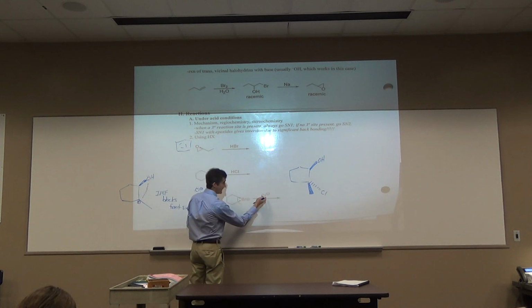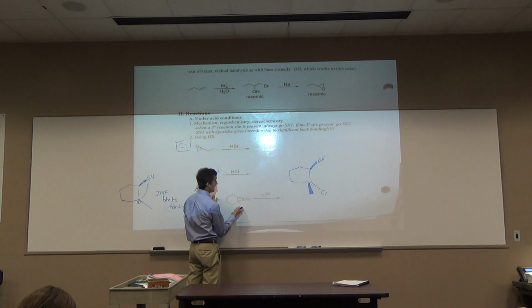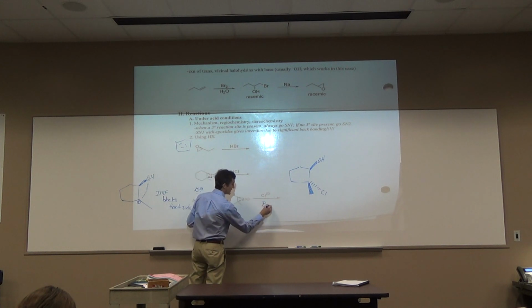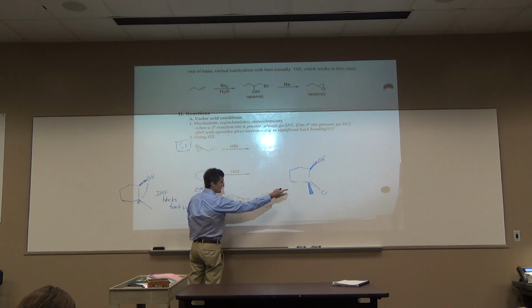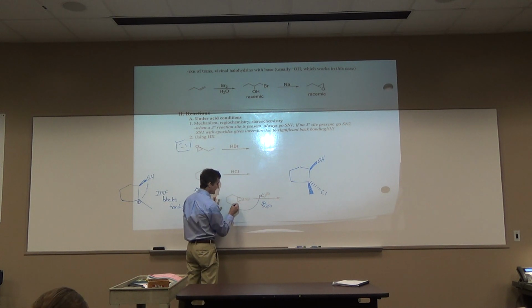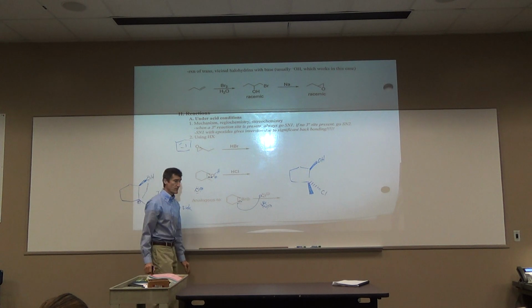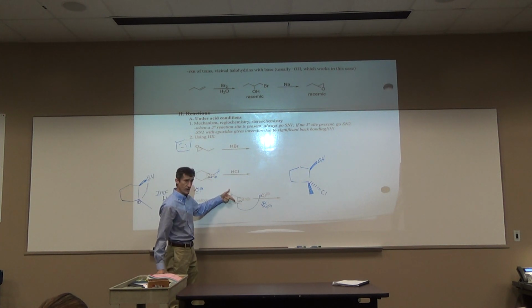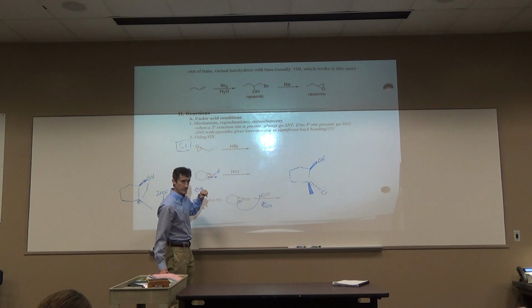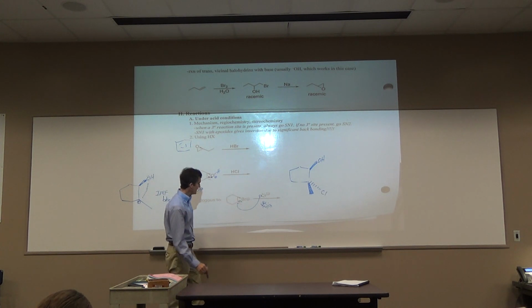Because if it was another Br minus, if we were brominating an alkene, wouldn't this then come in? Well, I'm going to use chlorine so I can have a different halogen. Didn't we always attack here and kick that off? But guess what? We were attacking the wrong carbon. That's not the least substituted. That's the least substituted.